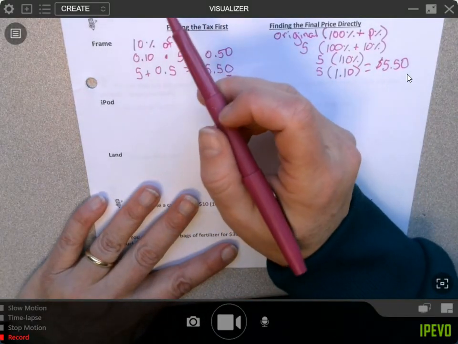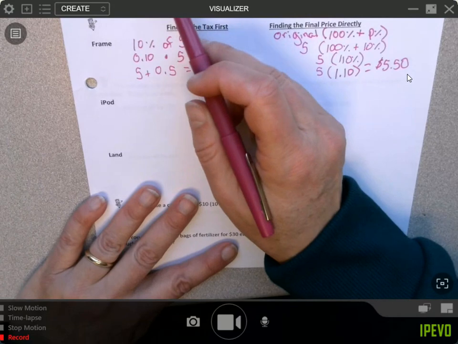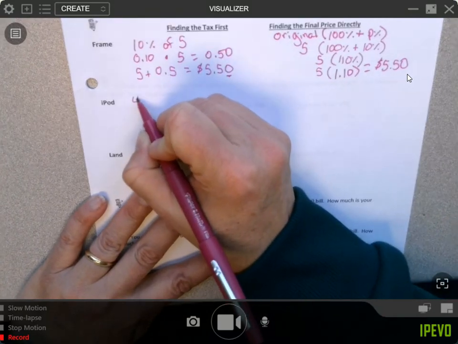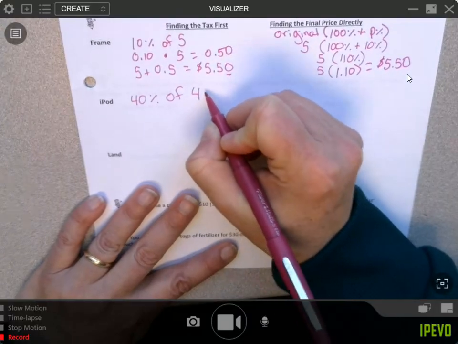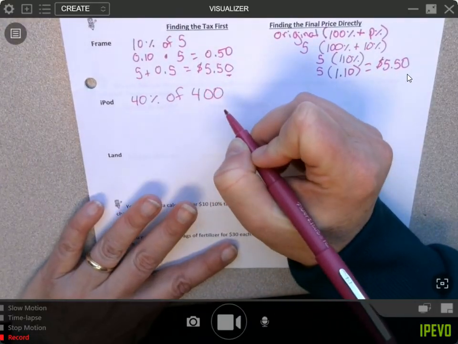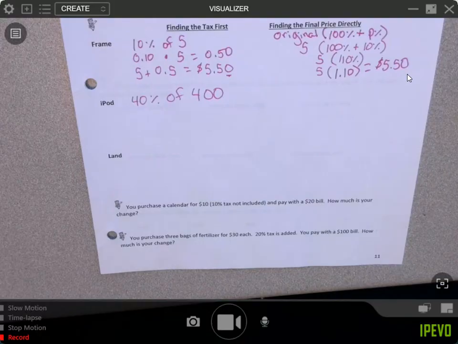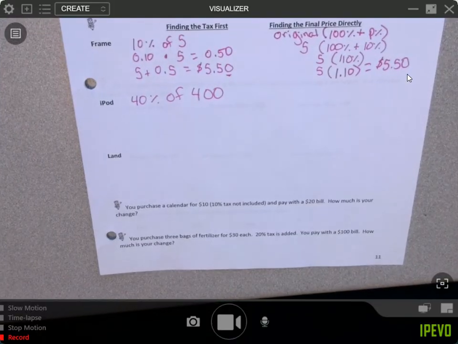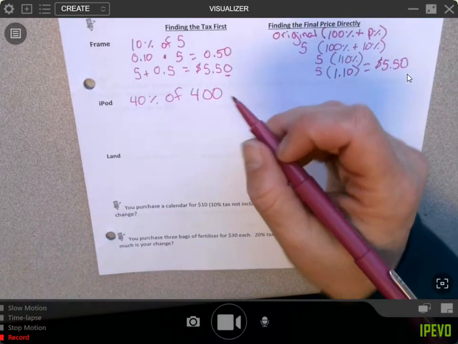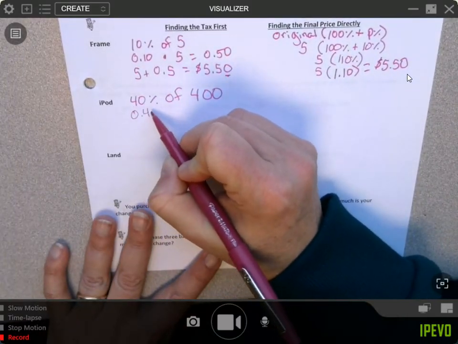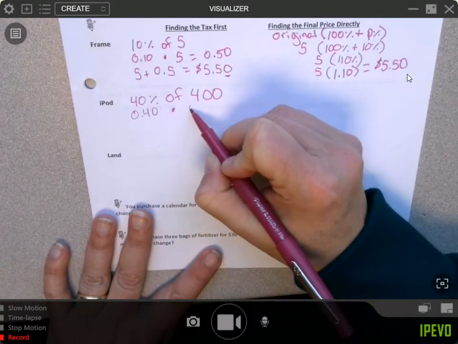So let's look at our next one, the iPod. The iPod was 40% tax on a $400 iPod. So what is 40% of 400? Remember that of means multiply.